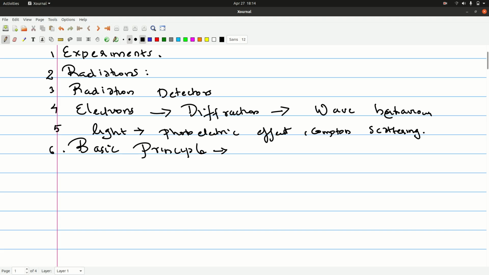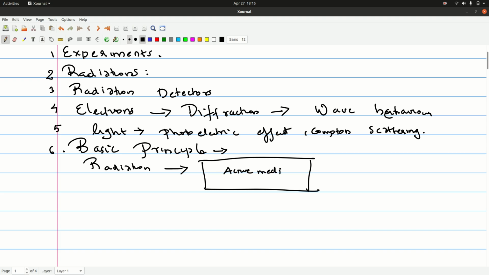The detector's active medium may be gas, liquid or solid. Some interactions occur with the atoms, molecules or nuclei of that material and this interaction creates ion pairs.